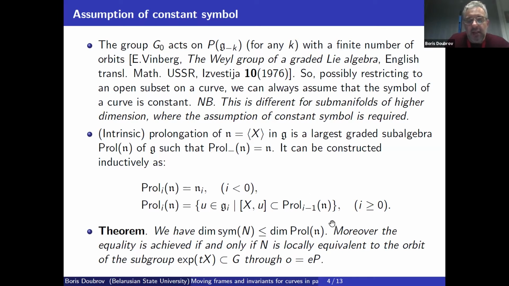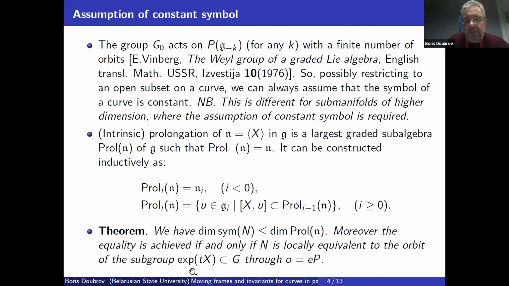And the flat curves for us will be orbits of the one-parameter subgroups, exp(tX). So these are our flat or model curves, and we would try to approximate any other curve with this symbol by these flat curves.